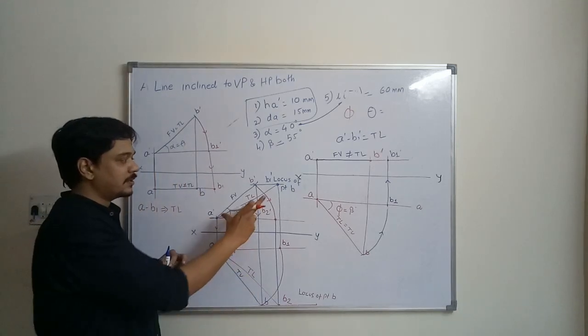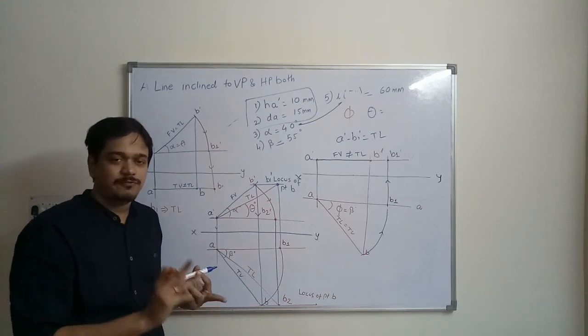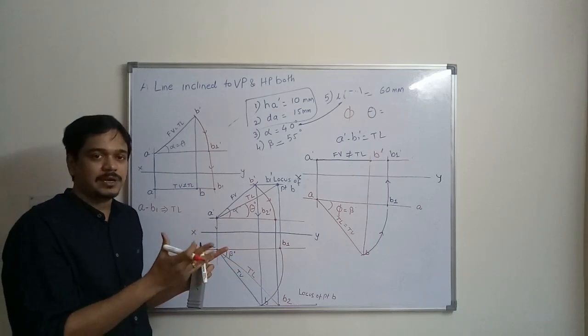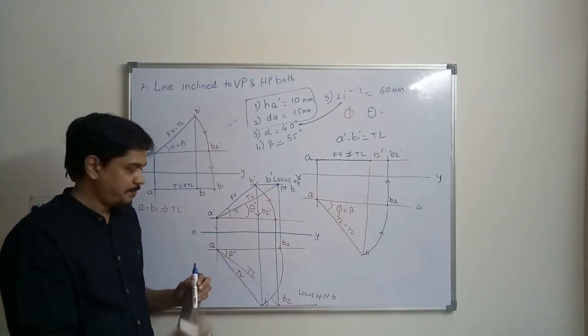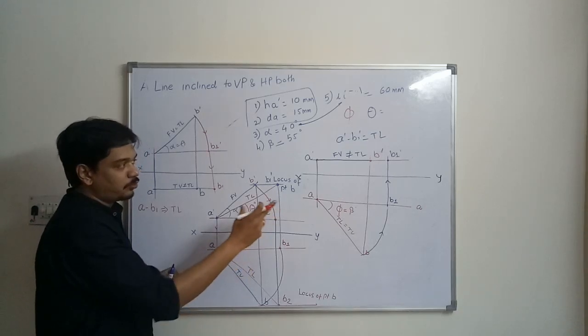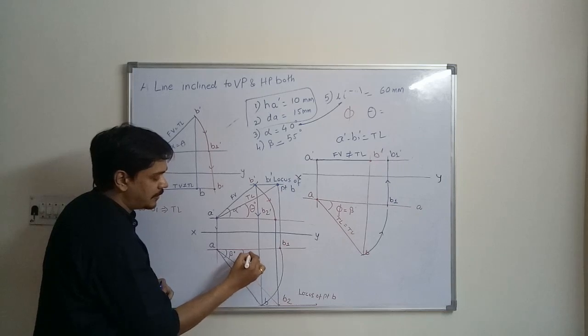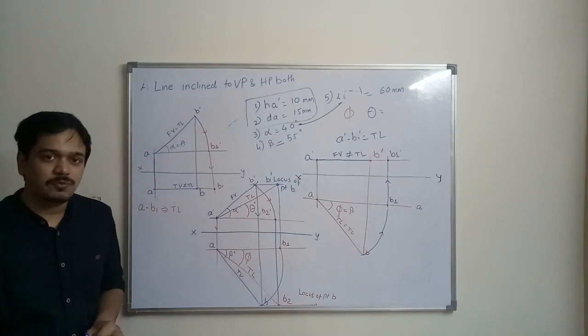You have to check whether the true length in front view and top view is the same. If it is the same, you have followed the correct method. But if the true lengths are different, then there might be some error or you have followed some wrong method. Then how to find out phi? Simply this angle will be termed as phi, that is the inclination of the true length of the line with the vertical plane.